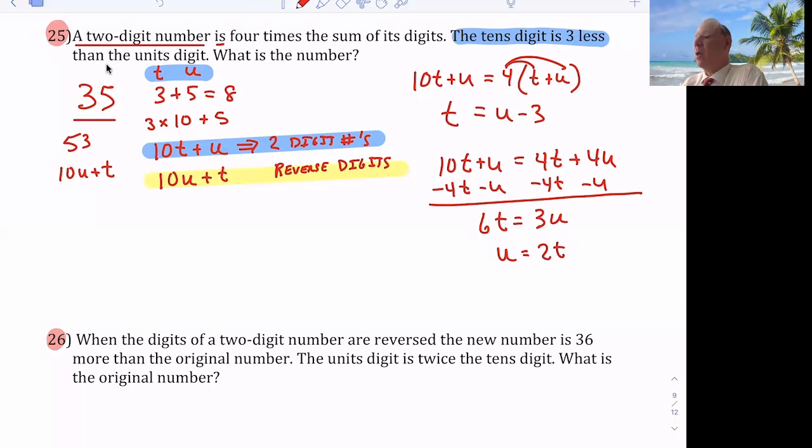And now all I have to do is go up here and substitute that in right there. T can't be 1/2. T is a digit. Yeah, you can just plug for t, u minus 3, but that's a lot of substituting.